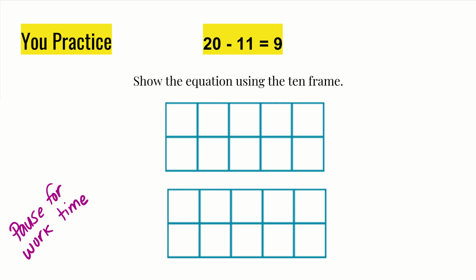Okay first graders, let's check your work. So I see that my first number is 20, and that tells me that I need to fill up 2 10 frames to make 20. So I'm going to fill up my 10 frames.